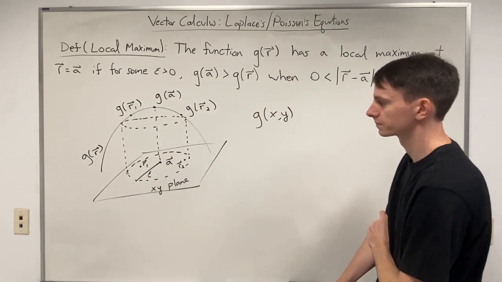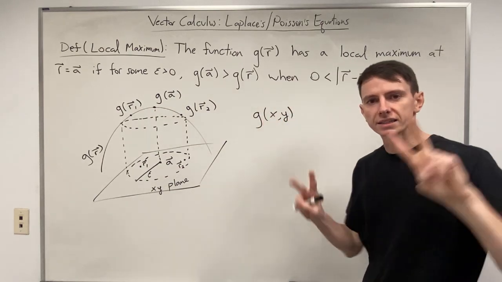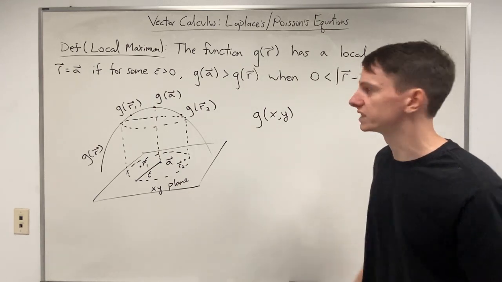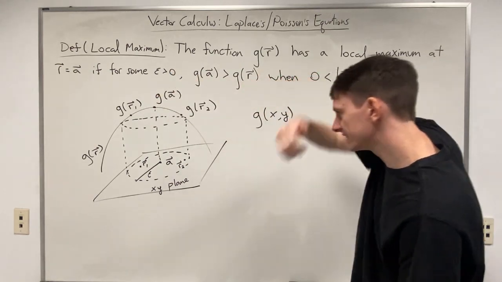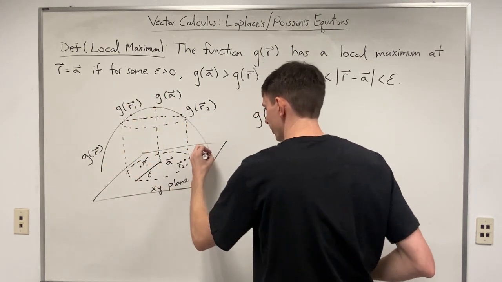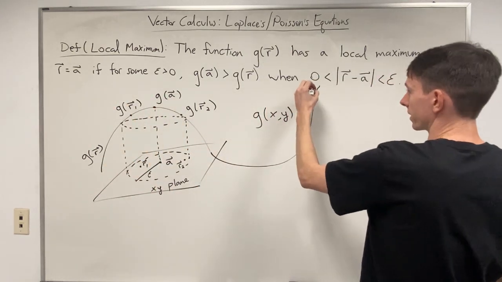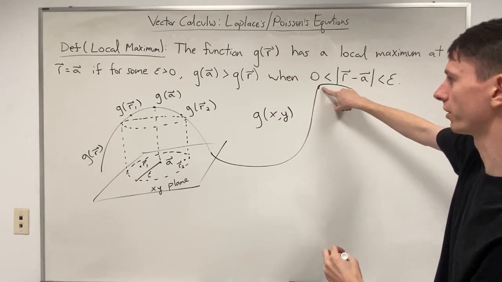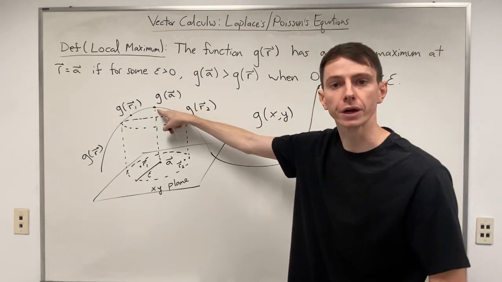So the fact that you can just pick some epsilon is what causes it to be a local max. The idea for why it's some epsilon, just one specific value of epsilon, is because let's say that your G of R function looks like this curve right here, and let's say it does something like this. This point up here is higher than this point right here.